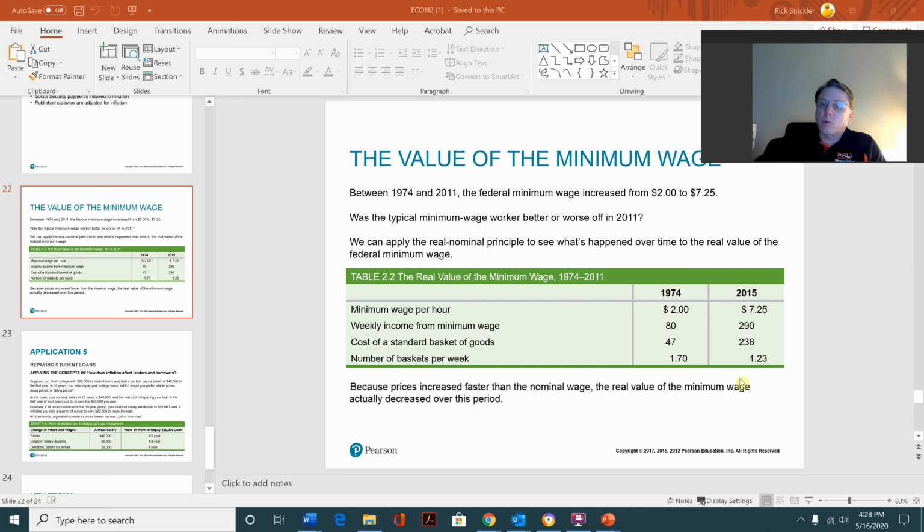That's gone down even more today after another 5 years. So we're probably a little over half. Even though it's $7.25, after inflation it's really about 60% of that $2 in what you can actually purchase with it. Because prices increased faster than nominal wages, the real value of the minimum wage actually decreased over this period, which is what I just said.